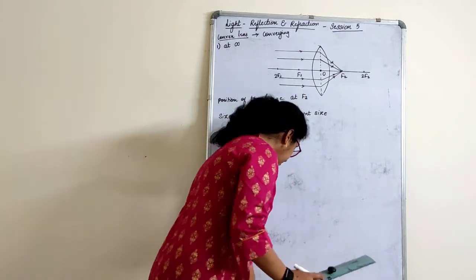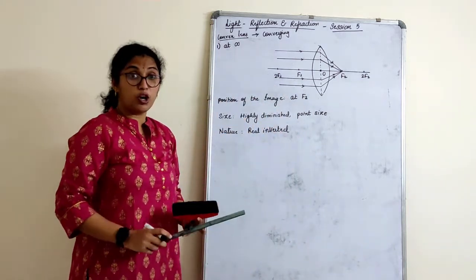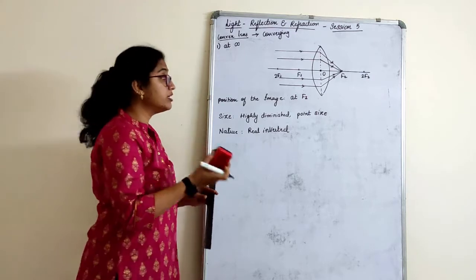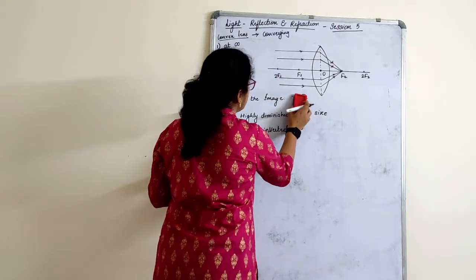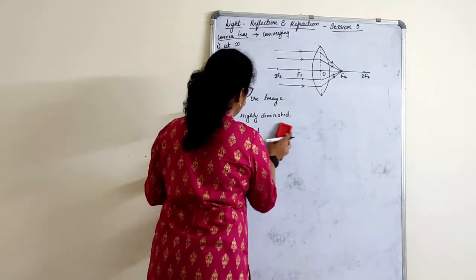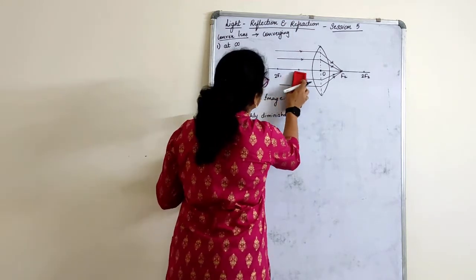Now, where should I next keep the object? I have to keep it beyond 2F1. So let me rub this.